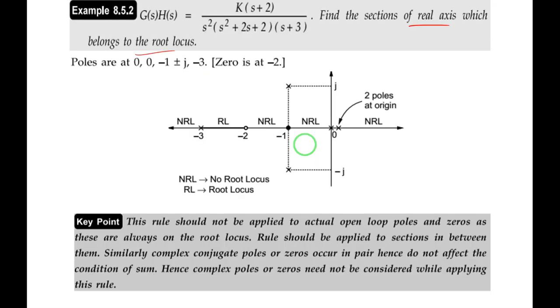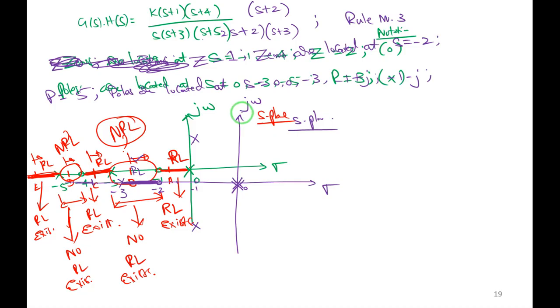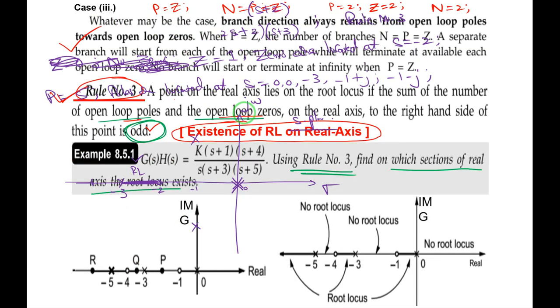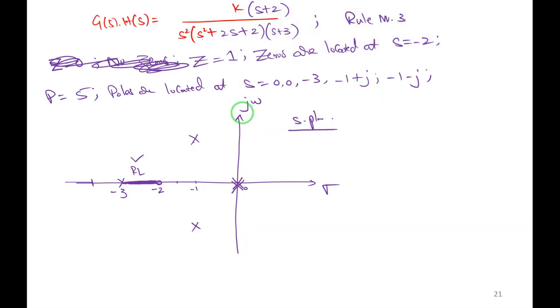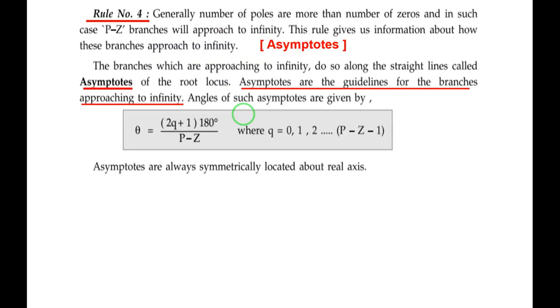It went. Okay, let it be. I hope you understood. It's coming in previous slides. Rule number 3 is over. What shall I do? Let me close it and open it. Okay, fine. Rule number 3 I have understood. Let me start with rule number 4.